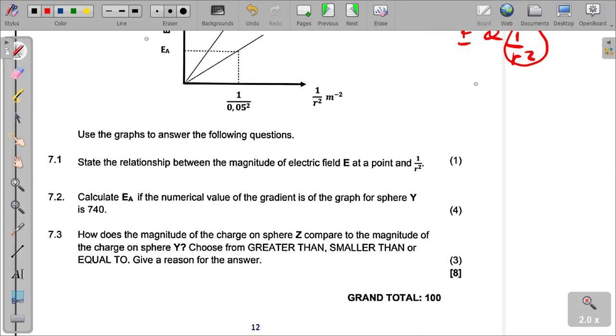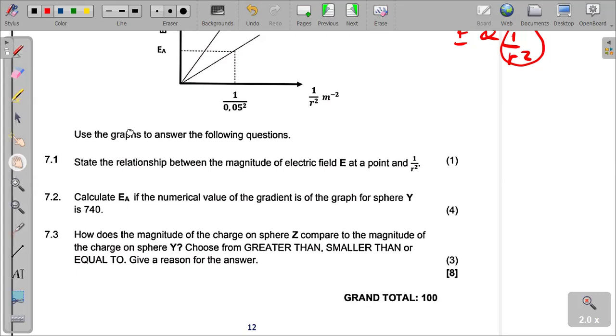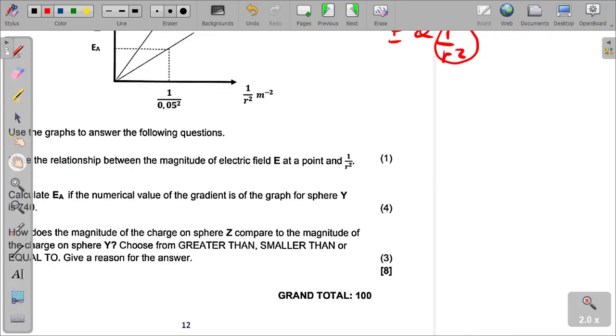7.2 is now saying calculate EA if the numerical value of the gradient of the graph for sphere Y is 740, right? So what we can just do is we take a point. Since the numerical value of the gradient is 740, we can simply say 740.